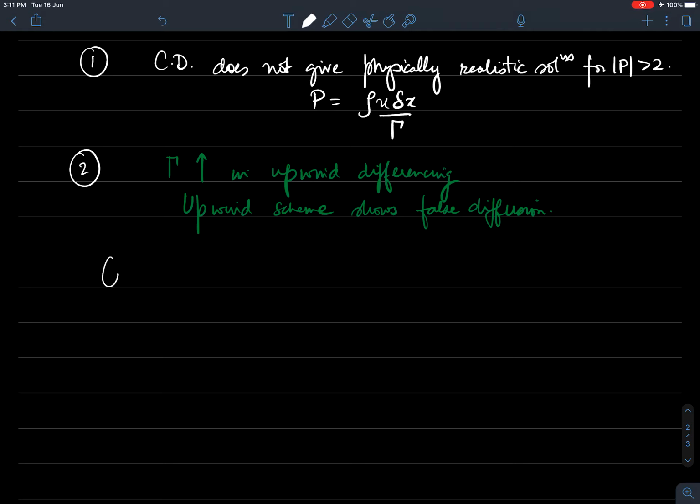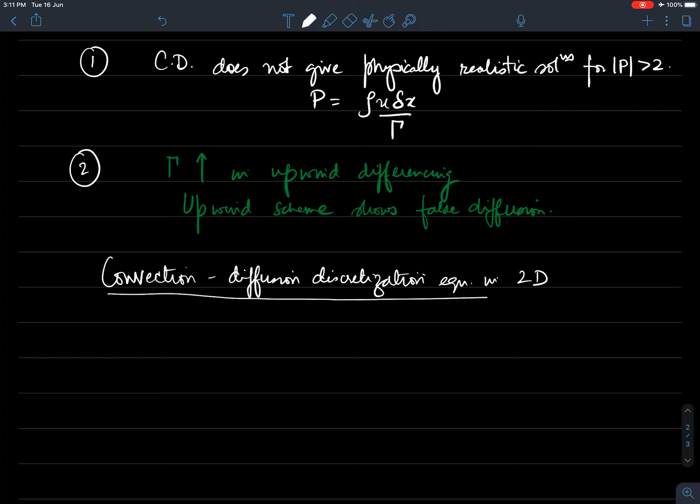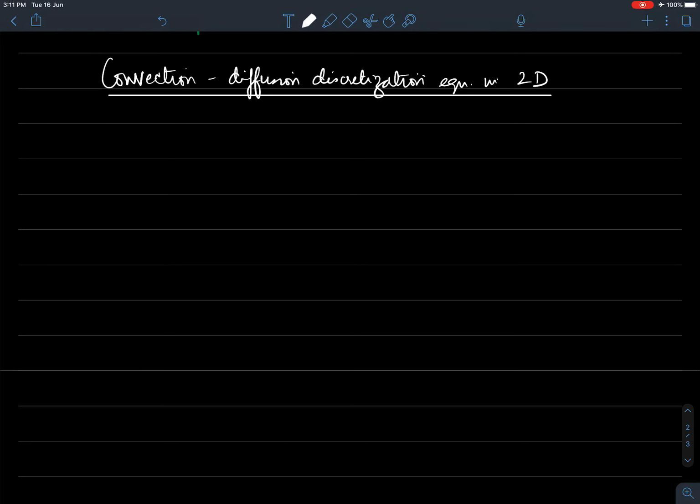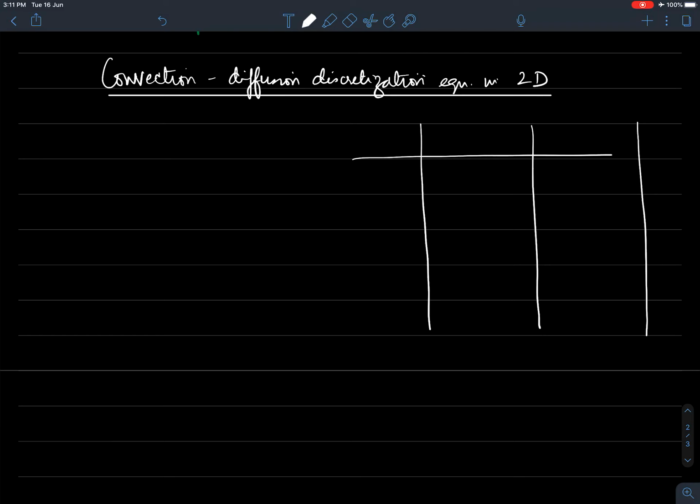Now what I want to discuss in this lecture is the convection-diffusion discretization equation in 2D. I'm doing 2D only. The 3D part is a natural consequence, so I'm not going to work on it in this course. But to start off, let's draw a grid first. Let's say we have a 2D grid. The point P is there.